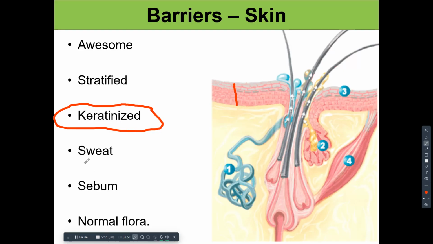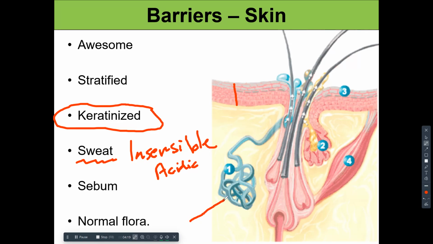But that's not all. Our skin is also constantly making sweat. We are always making what's called an insensible amount of perspiration, so it just basically evaporates really quickly. But what it does is it makes our skin surface slightly acidic, and that acidity is going to retard bacterial growth.